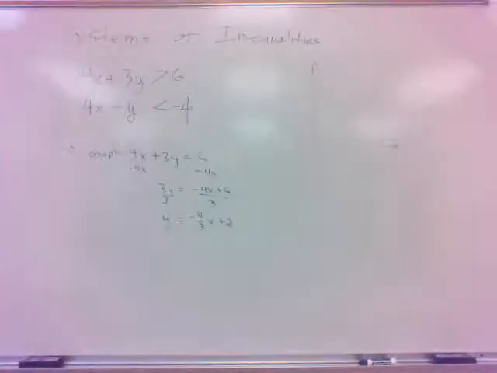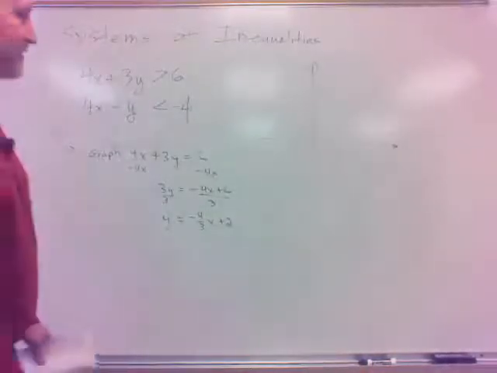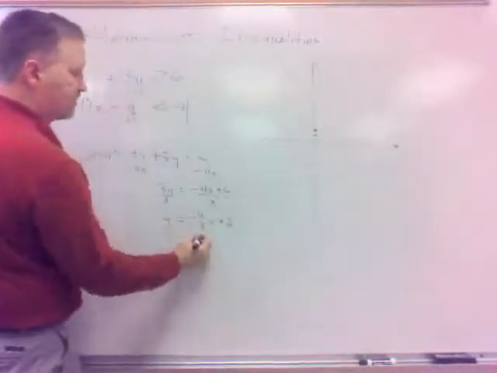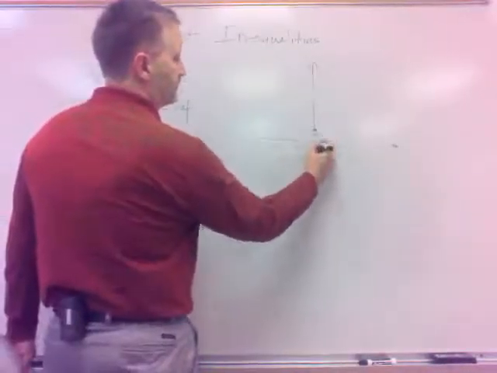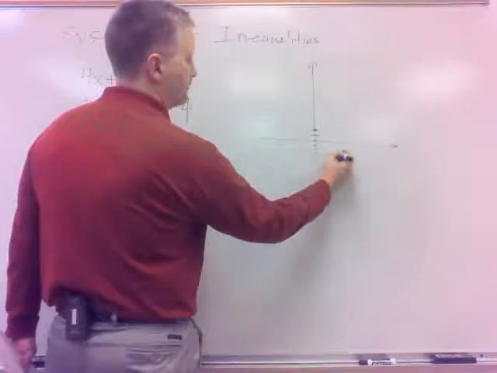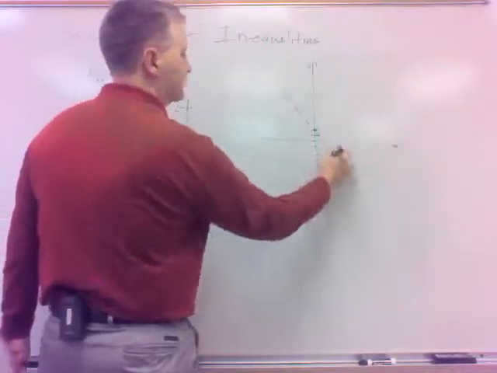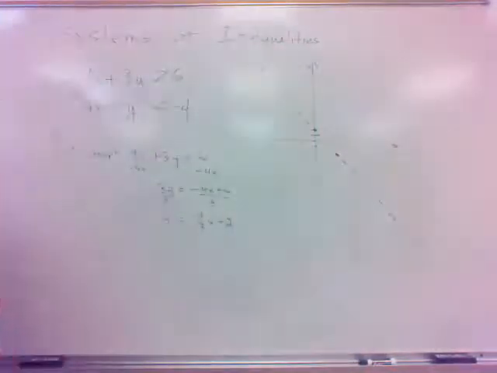Do the y equals mx plus b way, if you like that way better, that's fine. Because I've got a y-intercept then of 2. Rise over run, -4/3. 1, 2, 3, 4. 1, 2, 3. So there's that. It's a dotted line. So if you want to do those that way, by all means, do so.